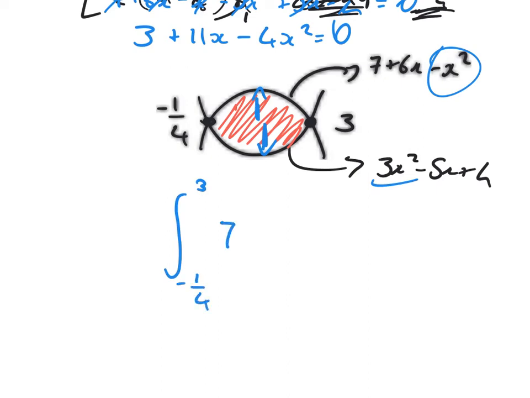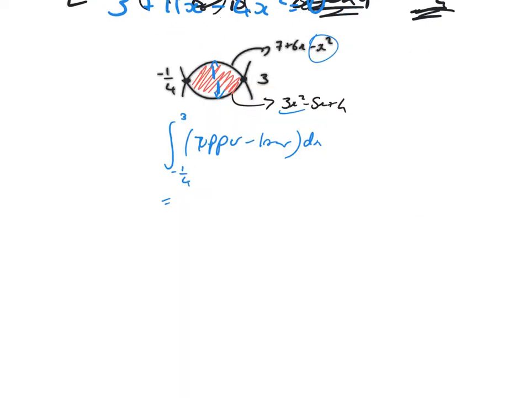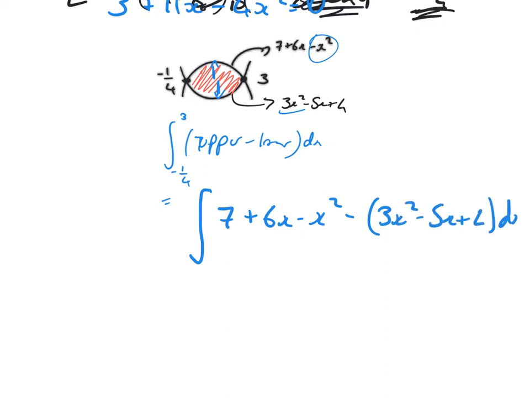Okay, so the upper is, as we can see, 7 plus 6x minus x squared, and we're going to subtract the lower function, which is 3x squared minus 5x plus 4.